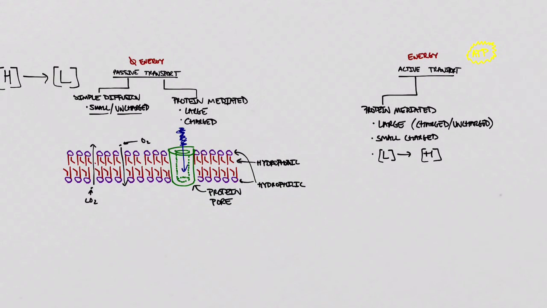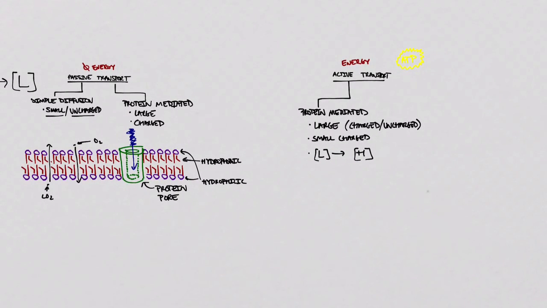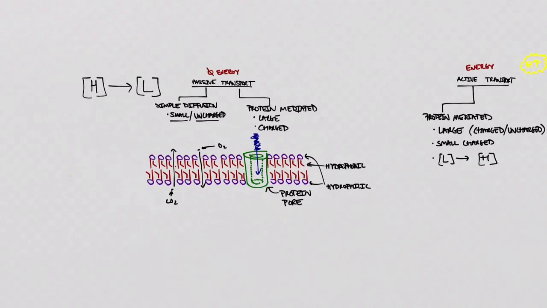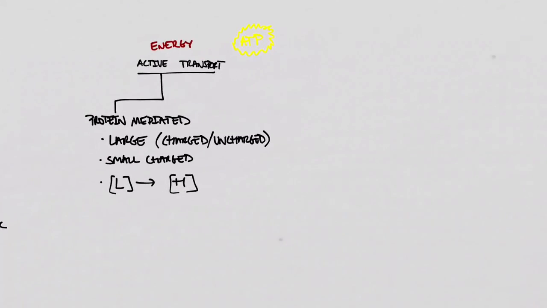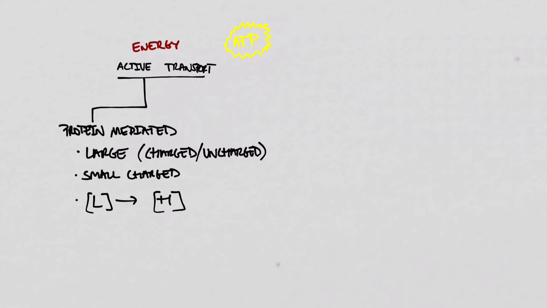Whereas we can control sugar entering or exiting the cell just by either closing these protein pores or even taking them out of the membrane entirely. So protein-mediated, both active and passive transport, the cell can regulate that. But simple diffusion, nope. Okay, the last type of active transport is called bulk transport.